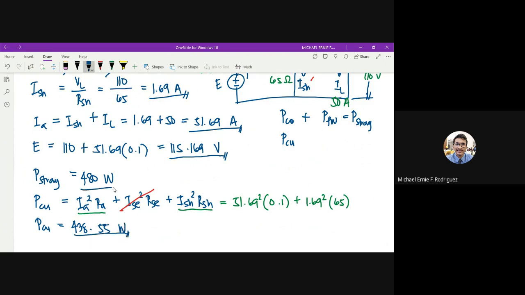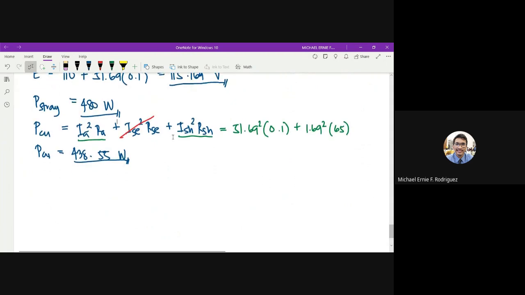And then we have the P stray. So, we can now solve for the efficiency. Efficiency is equal to P out over P out plus ang ating losses. Okay? So, solve natin muna yung P out. Para makuha ang P out, that is just yung doon sa output.